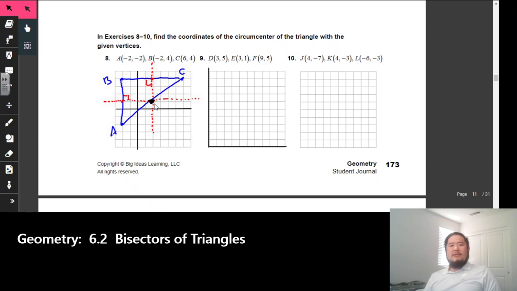The circumcenter happens to be on the triangle. Well, why is that? If you take a look, we have a 90-degree angle. So we can go ahead and say, find the coordinates of the circumcenter. It happens to be at the ordered pair 2, 1. And there you go. We now know bisectors of triangles.